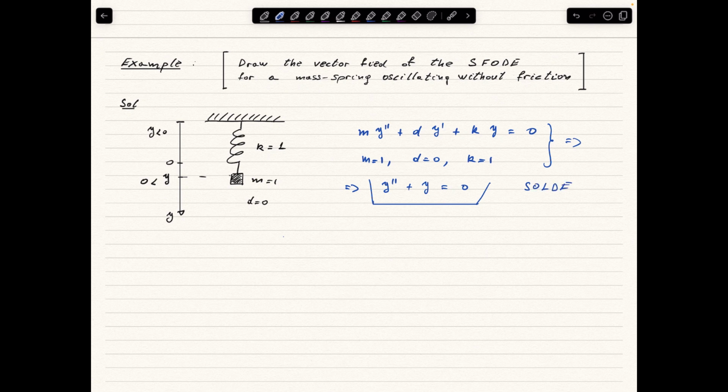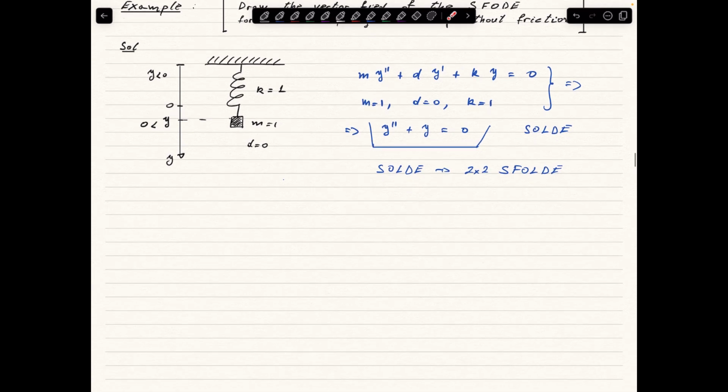To talk about the vector field of this system, we need to write this second order linear differential equation as a 2 by 2 system of first order linear differential equations, because we have defined the vector field here. So we need to do the first order reduction. How are we going to do the reduction?